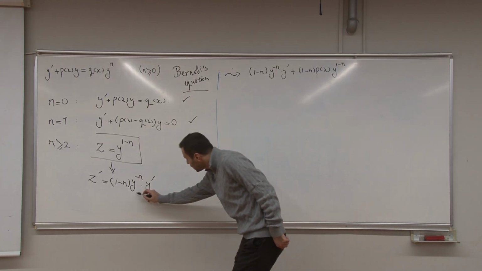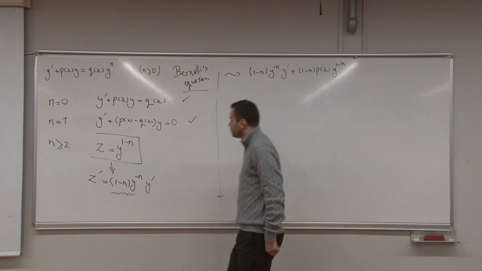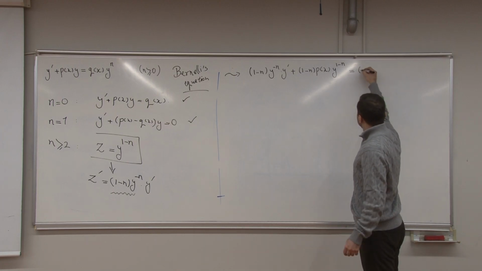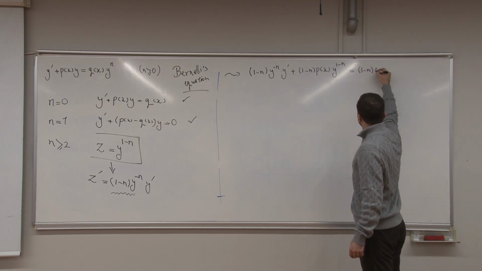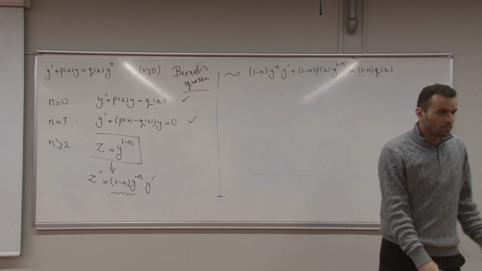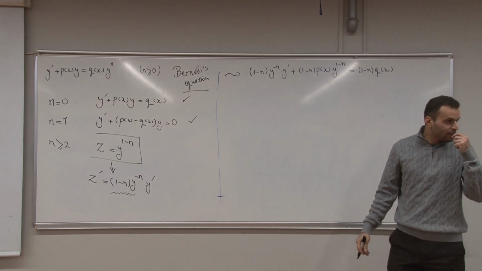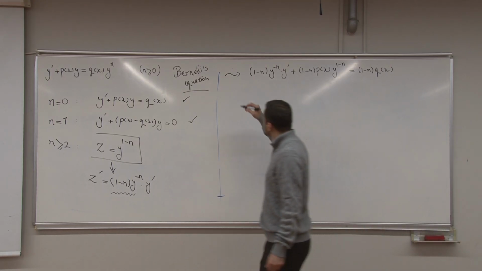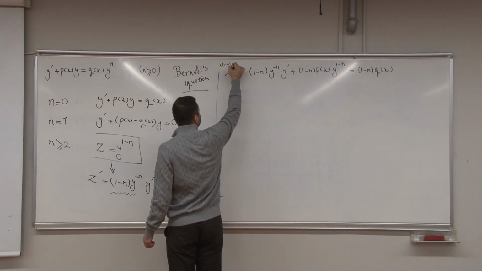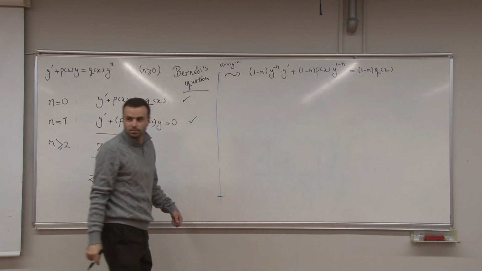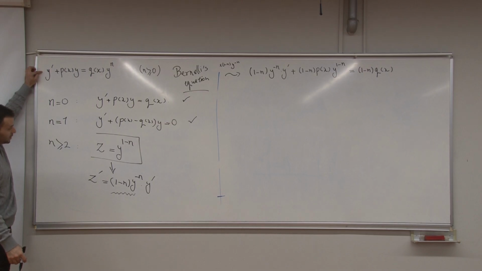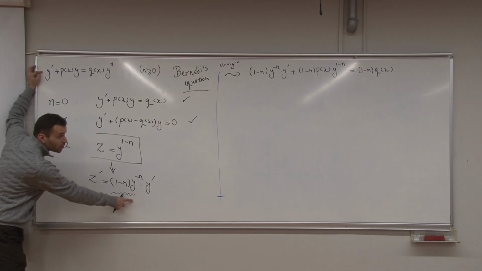We're just multiplying both hand sides with this, equal to 1 minus n, q(x). Is it clear? Multiply by 1 minus n times y to the power of minus n. Okay? Just take this, multiply it with this expression.